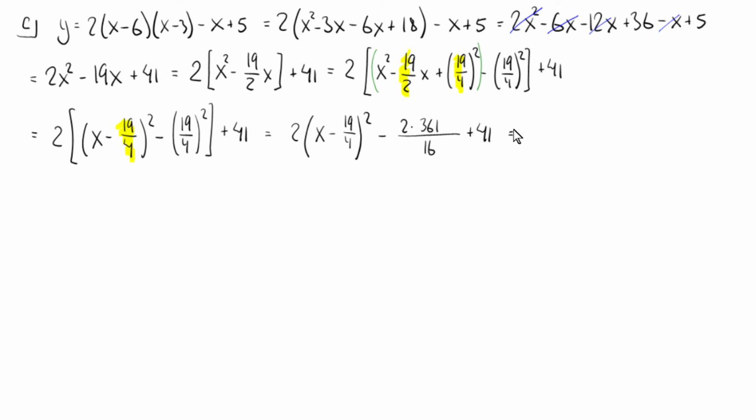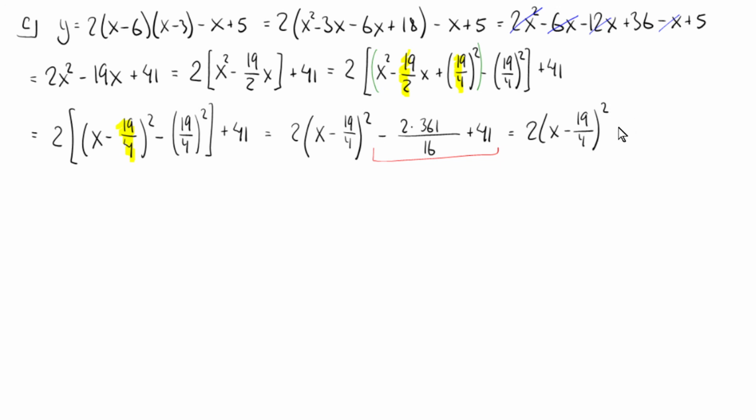So let's wrap this up by combining these last 2 terms here. So we get 2 times (x minus 19 over 4) squared.